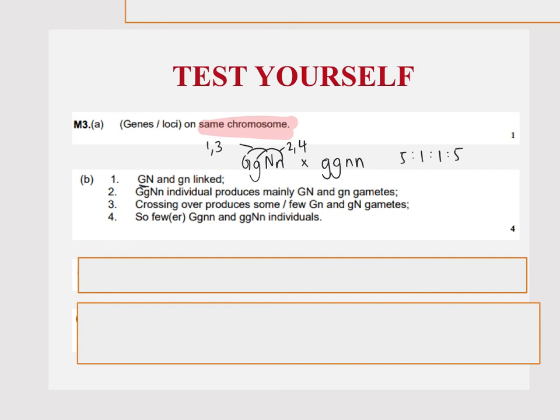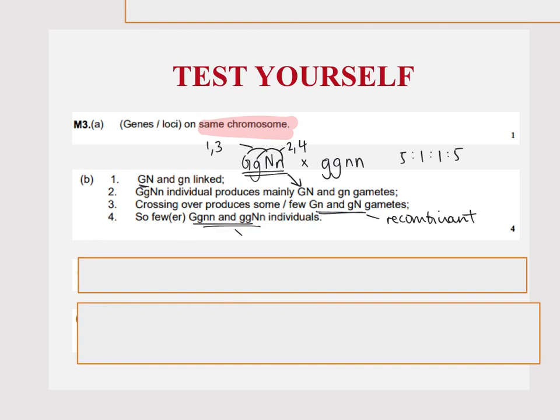And so this heterozygous parent is going to mainly produce those big G, big N and little g, little n gametes. And again, we're going to get only a few of these recombinant gametes, and therefore, we're going to get fewer of those recombinant phenotypes.